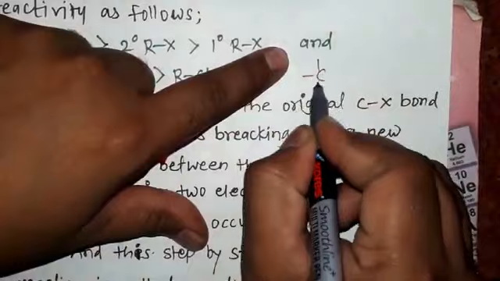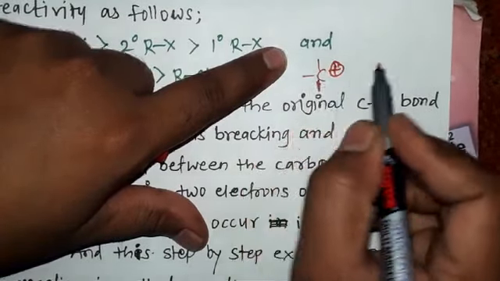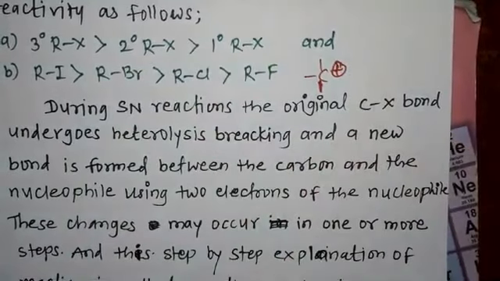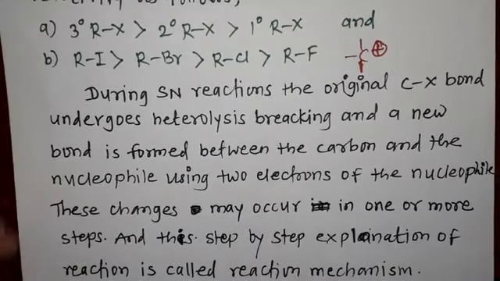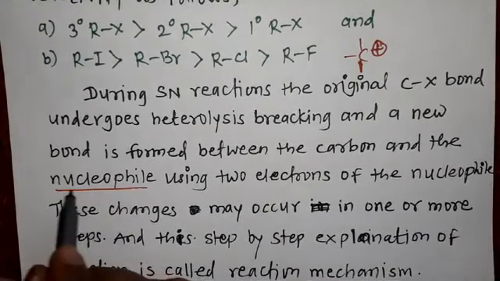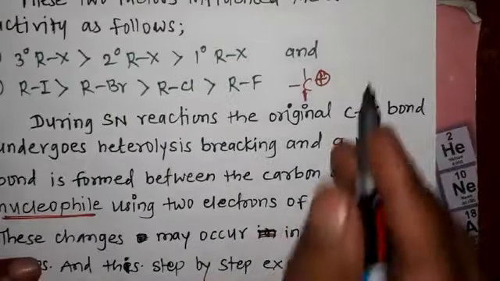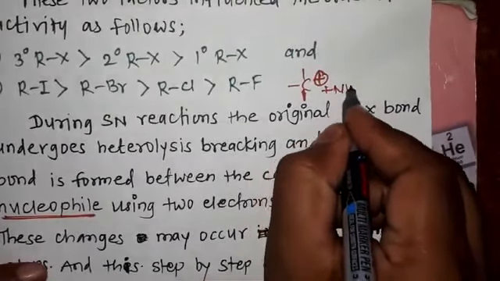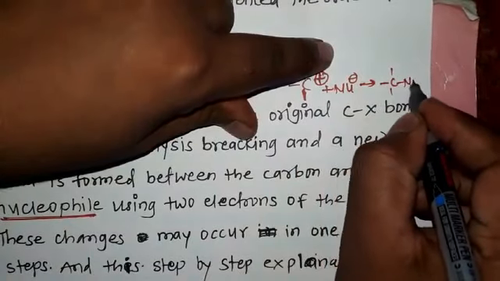The carbocation is the species in which carbon carries a positive charge, and we know that a species which carries positive charge is electron deficient, means electrophile. They require electrons and accept 2 electrons from the nucleophile, and generate a new bond between carbon and nucleophile.